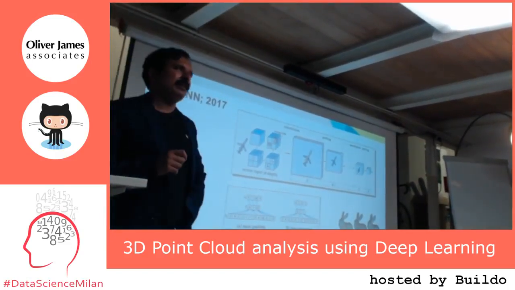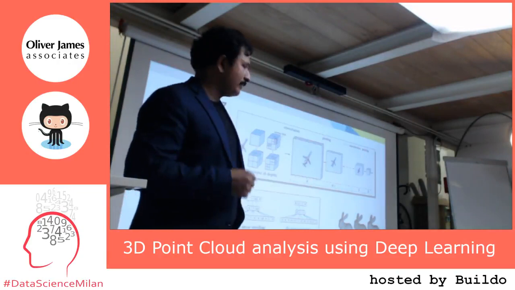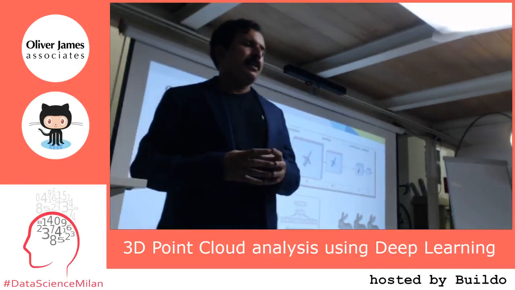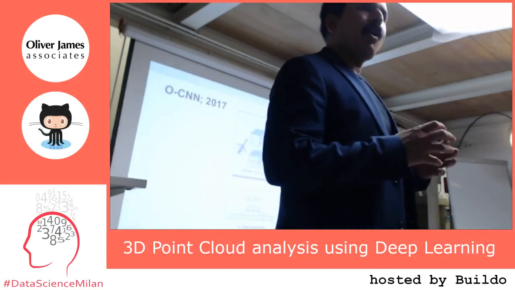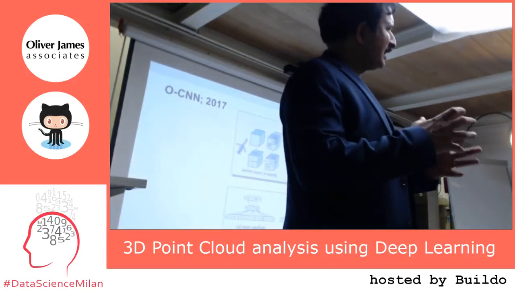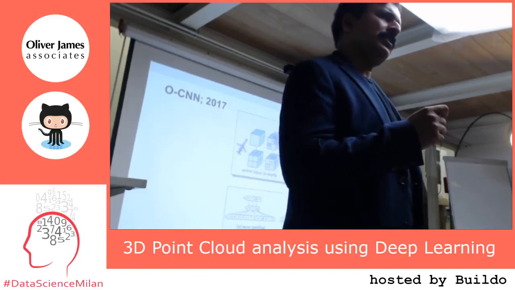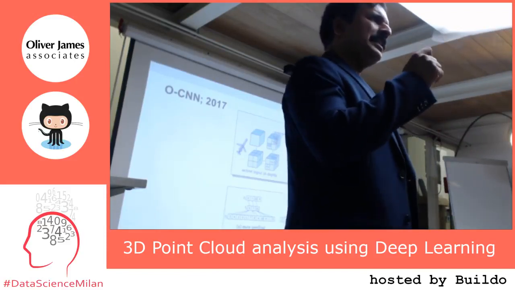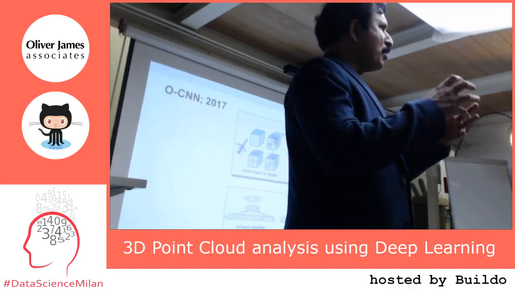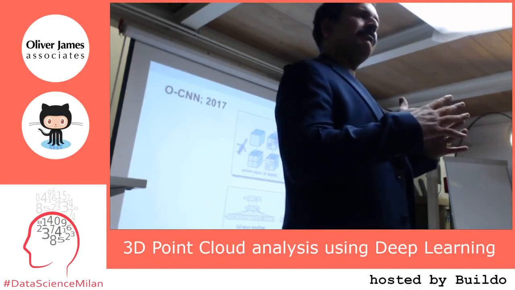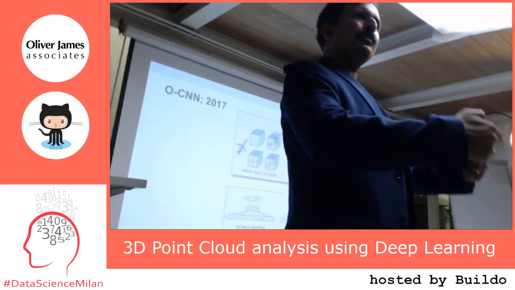One of the first models that attracted my attention was published in 2017. It's called ONET, which is nothing else but OctNet. Octree or OctNet is a recursive data structure that divides a point cloud into 8 children, and it keeps on doing it.